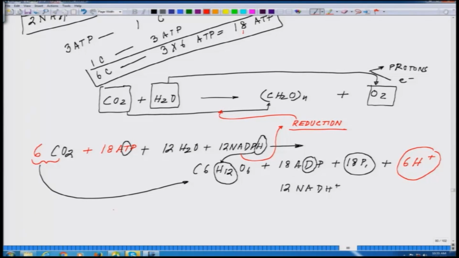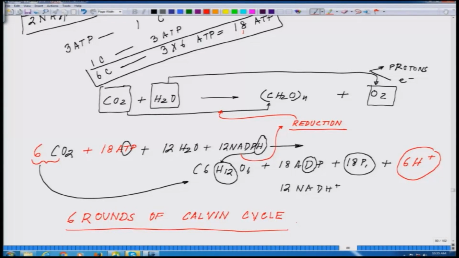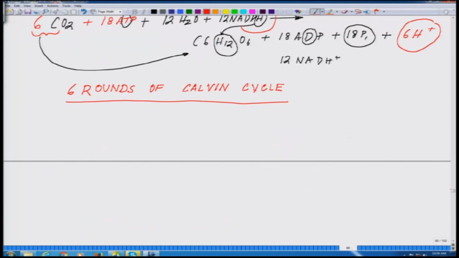If we see the energy expenditure of synthesizing a hexose, if we go through 6 rounds of Calvin cycle, this is what you expect. This is the sum total of the energy expenditure of 6 rounds of Calvin cycle.